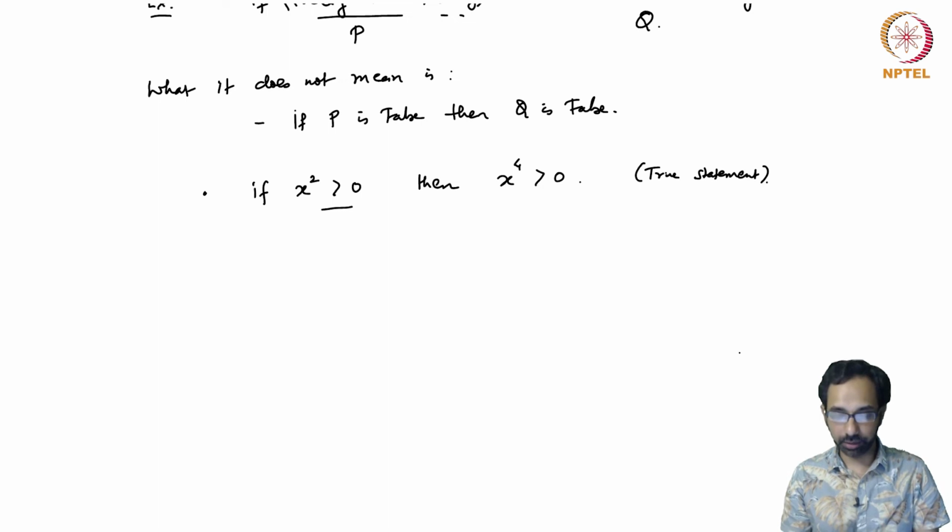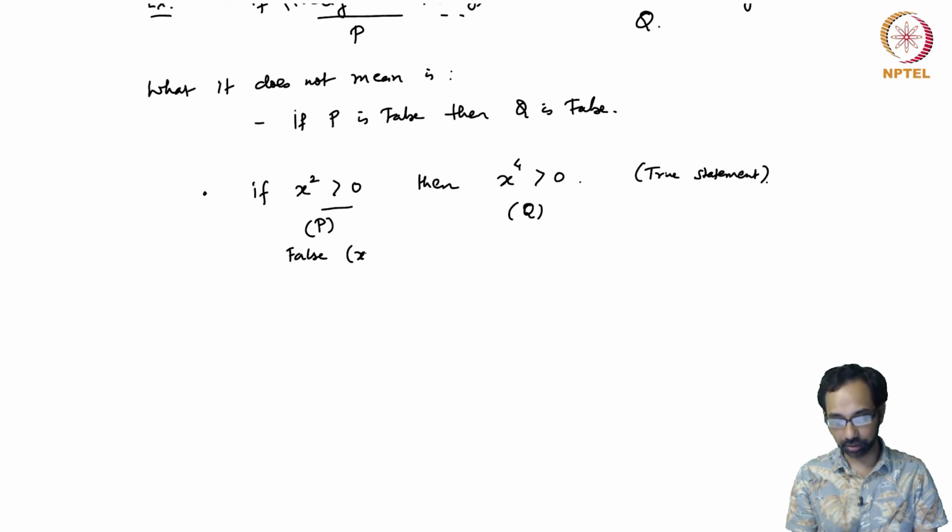Notice that here it so happens that our first part P and our second part Q, if P is false, meaning that x square is less than or equal to 0, then Q is also false. Okay, then x to the power 4 is also less than or equal to 0. But there are other statements where if our first part P is false, then Q can be either true or false.